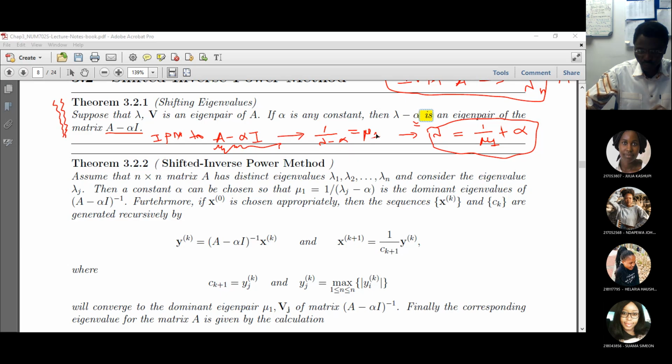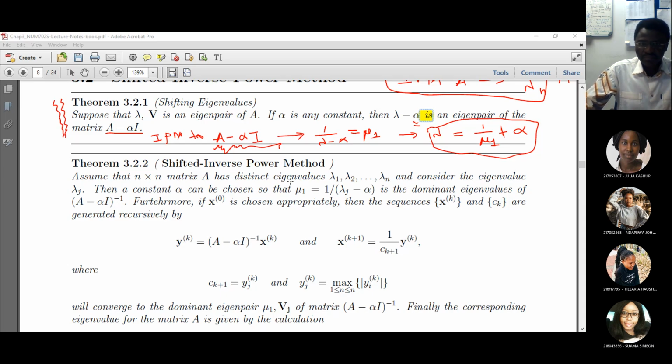Right? That's why I call it mu1. You see, I wrote it here properly. Because if you apply the inverse power method to a matrix, that's exactly what it gives us. Okay, so I did it purposely so that when we reach here, everything is okay.